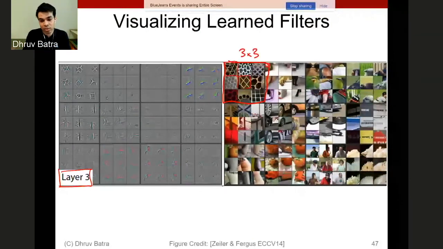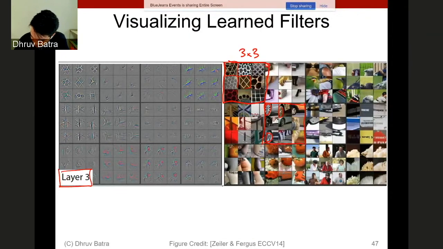Every time it sees a crisscross pattern, there is a high activation in this channel somewhere spatially. These seem to be responding to circular objects. Every time there is a wheel type thing, it responds. This tends to be responding to torsos of humans.